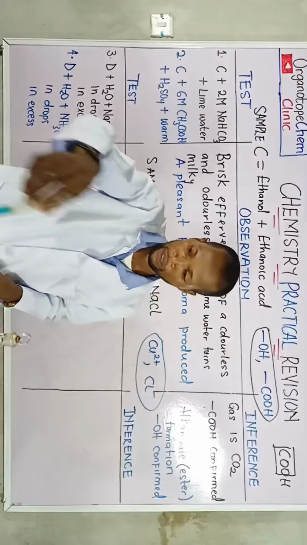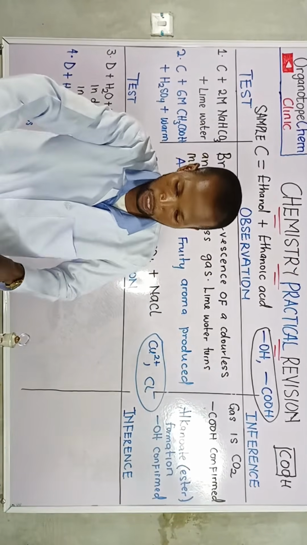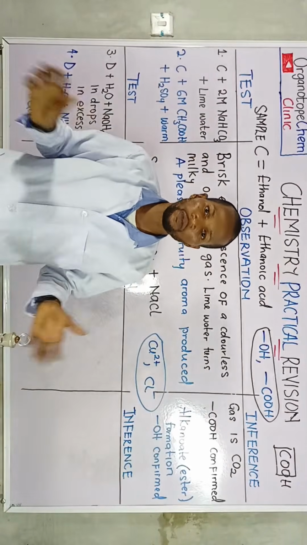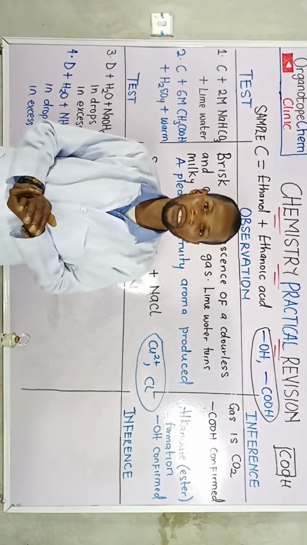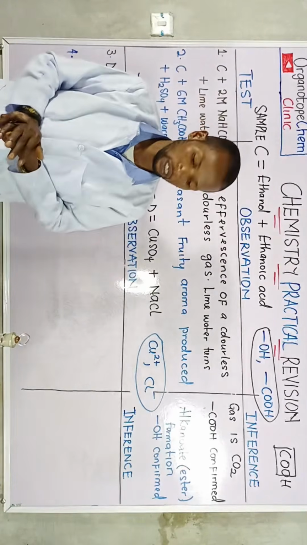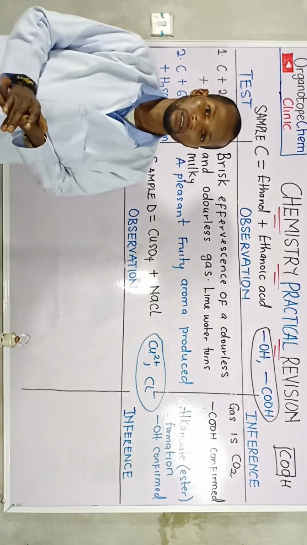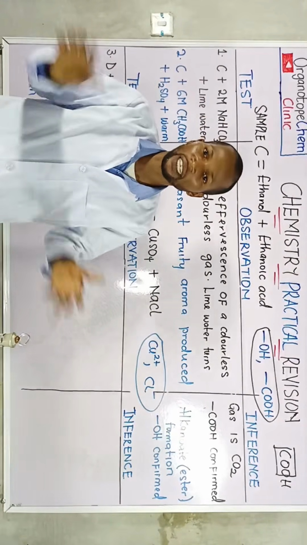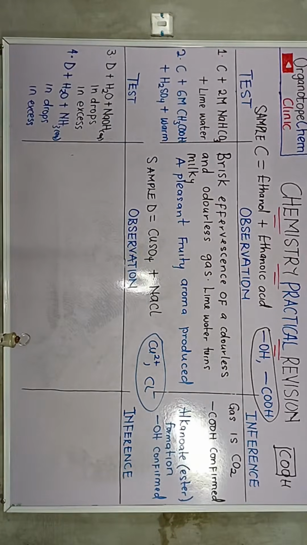Is that taken? So can we go through the test? We have to run through the test. Can we proceed with the test? If we can proceed with the test on sample D, just write test, proceed. Can we proceed?